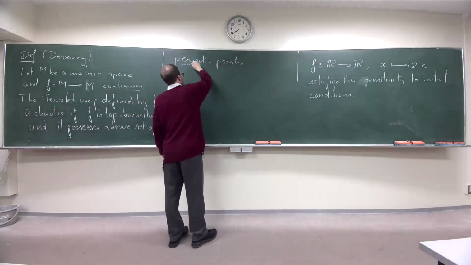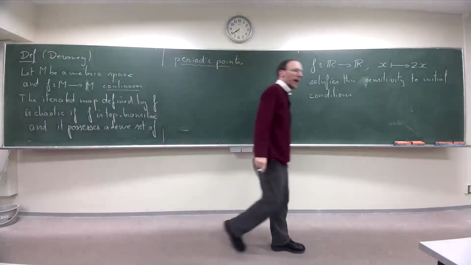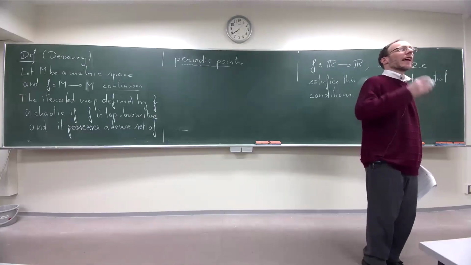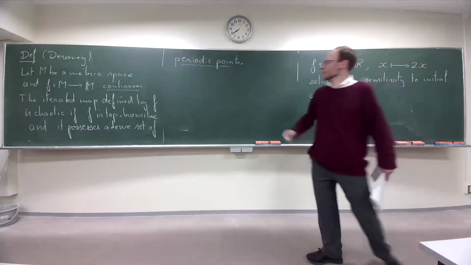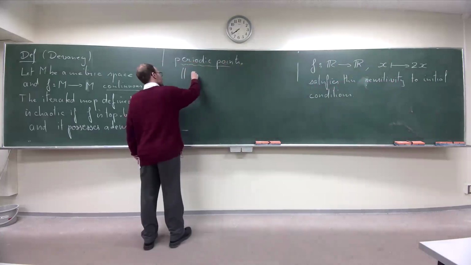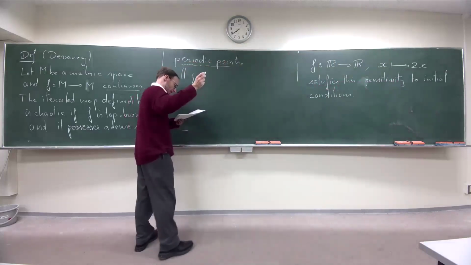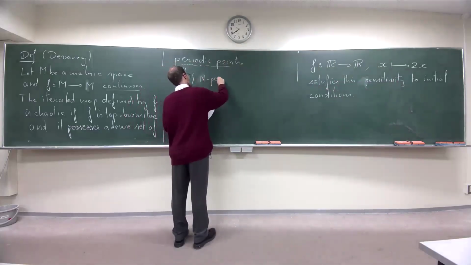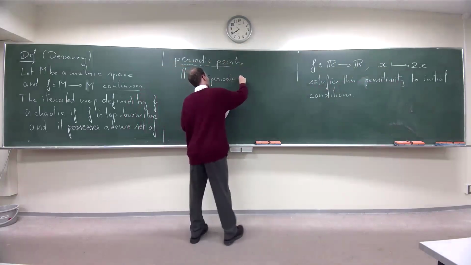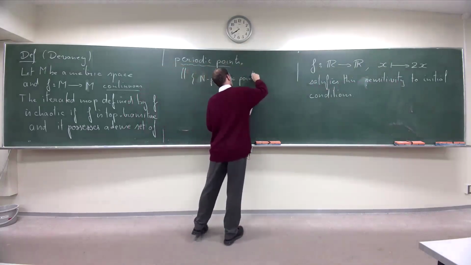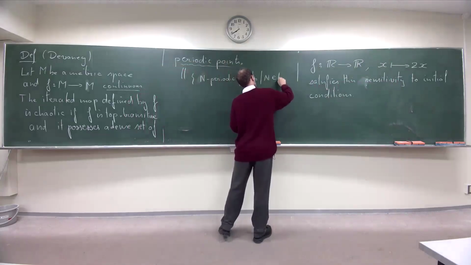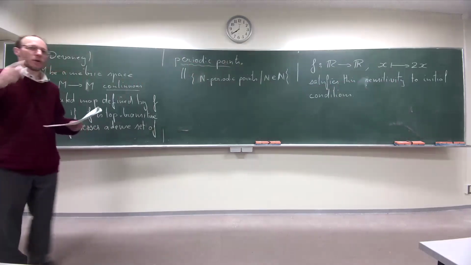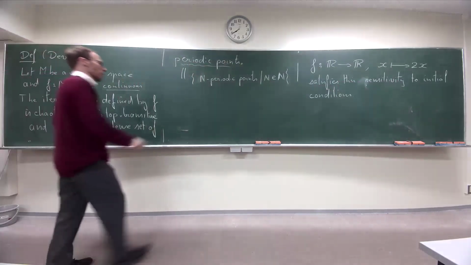So first, what is a periodic point? It's a point which is on an n periodic cycle. So take the set of n periodic points for any n: the 2 periodic points, the 3 periodic points, the 4 periodic points, and so on.